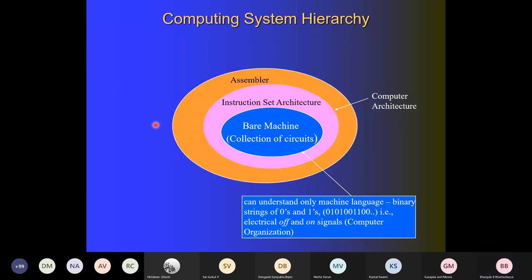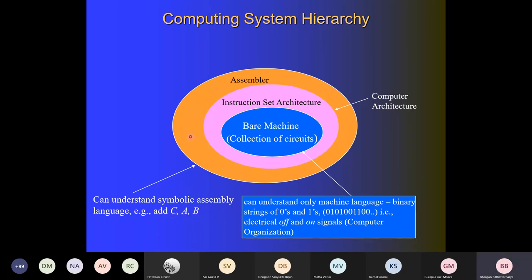All right. So above this, you can write an assembler so that those assembly language instructions can be automatically translated into machine language, the strings of zeros and ones. And this interface can directly understand machine language, for example, add C A B, this kind of strings.